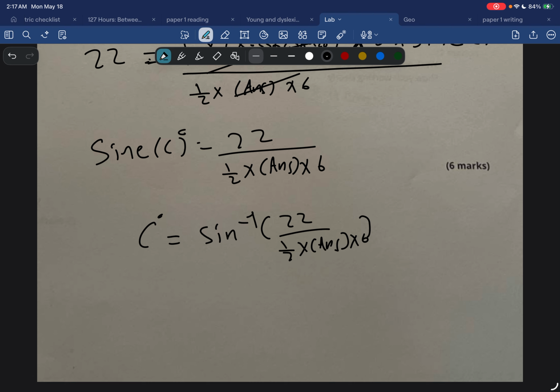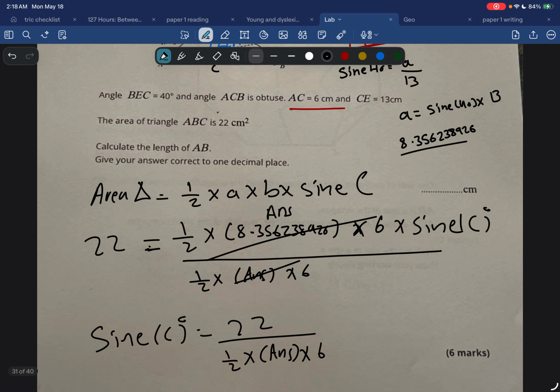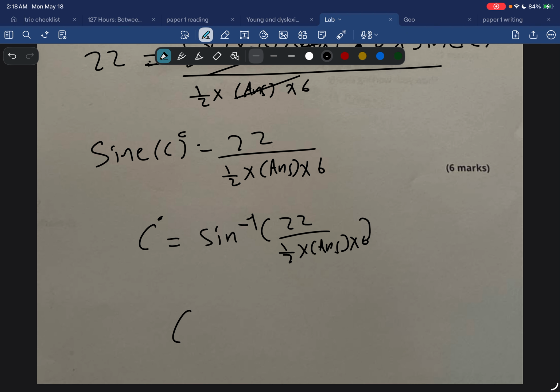Shift sine of 22 over half times 8.356238926 times 6. Here you go. The answer for C is 61.352736622.